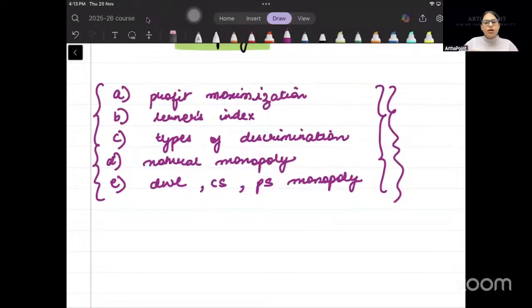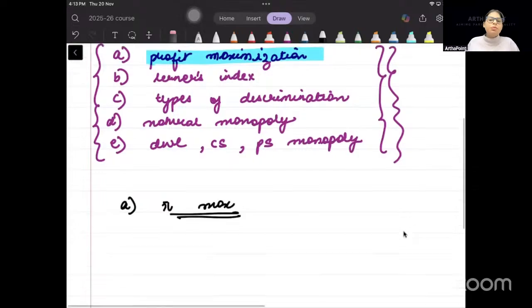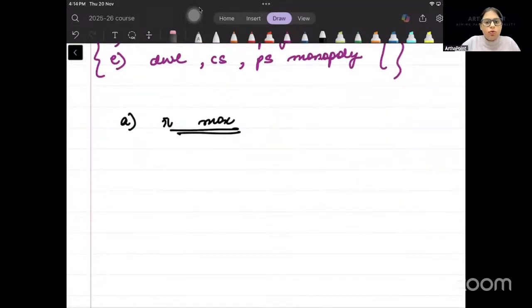Okay. So we'll take one at a time. So first of all, we want to do profit maximization. Now when we talk about a monopoly, I am just telling you the topics which have a very high chance of coming.